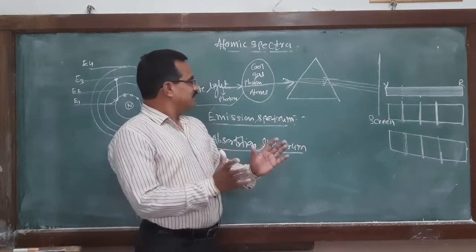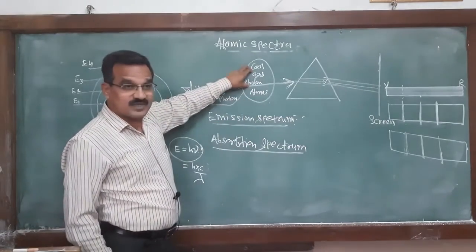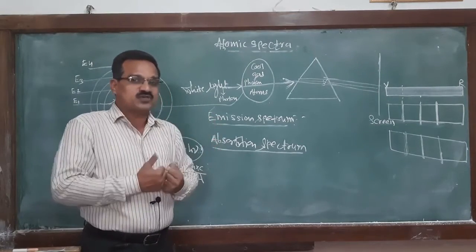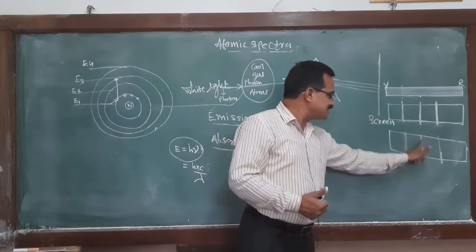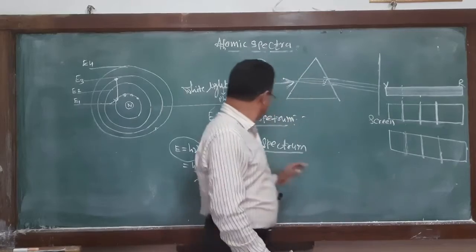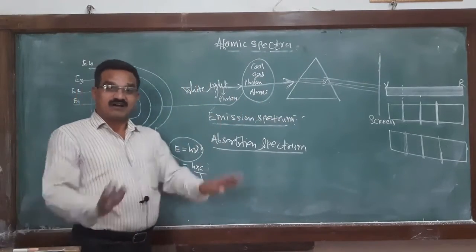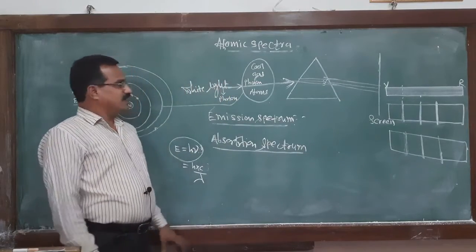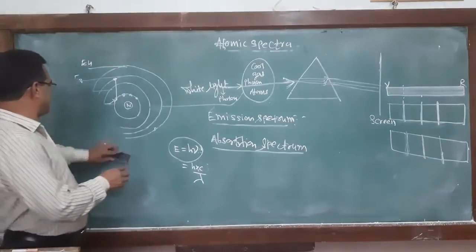But in the reverse case, when the gas is cool, photons of the same frequency or wavelength are absorbed by it, and due to the absorption, dark lines are observed. It means that the emission spectrum and the absorption spectrum are inverse or opposite to each other. This is about the emission spectra and absorption spectra.